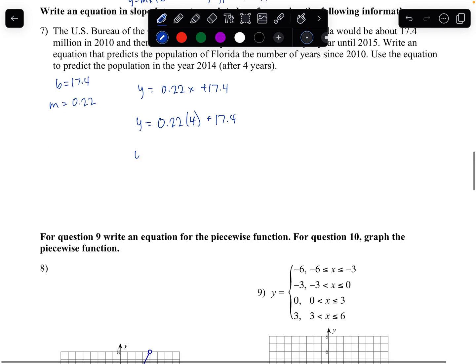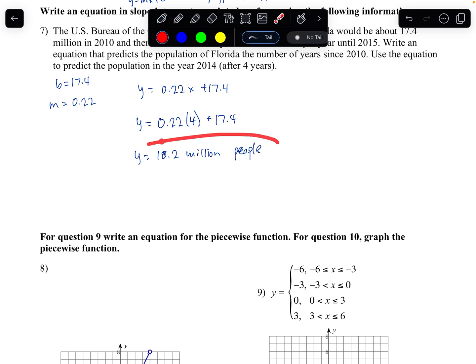You can just use your calculator here: 0.22 times 4 plus 17.4, and I get 18.2 million people. So that's the predicted population of Florida in 2015. Okay?